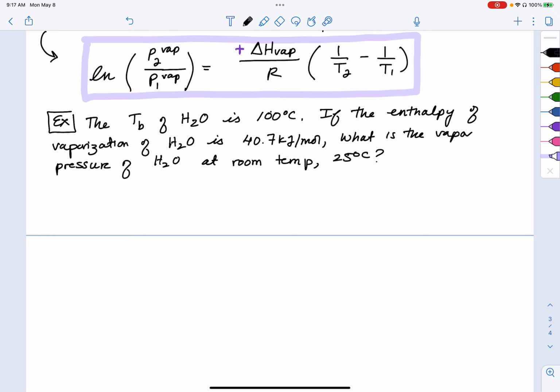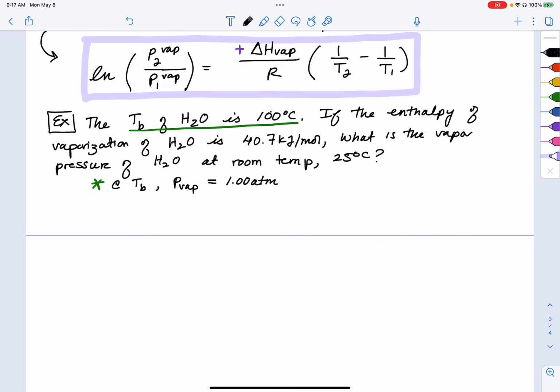All right, so there are some important pieces of information. Let's just start pulling them out of the problem. So first of all, we are told the boiling point of water is 100 degrees C. So let's remind ourselves about what we know about the boiling point. At the boiling point, the vapor pressure of any substance is equal to atmospheric pressure. In other words, it's equal to 1 atmosphere.